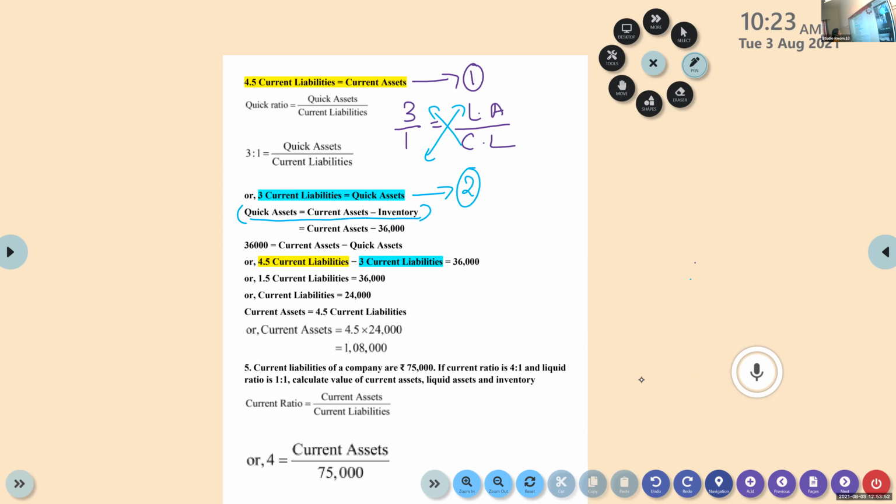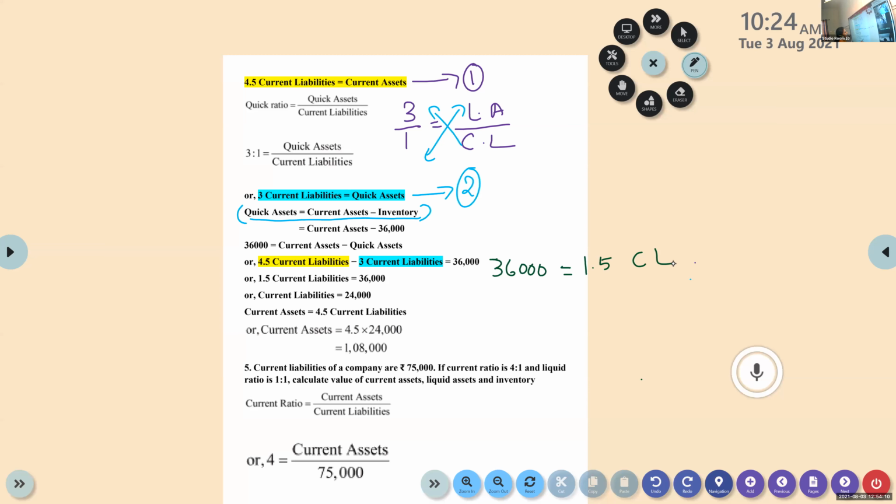So what is it? Subtract. It becomes 1.5 CL is equal to 36,000. 36,000 is equal to 1.5 current liabilities. Now you can find out CL.